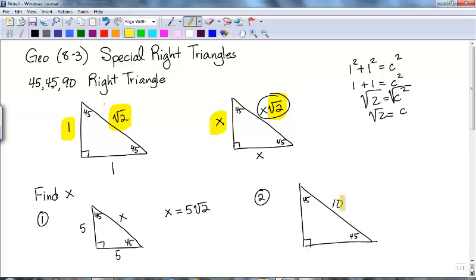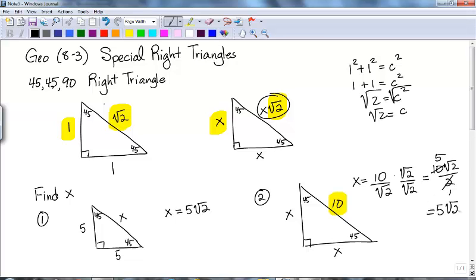So if I give you the hypotenuse, I've got to divide by the square root of 2. x is 10 divided by radical 2, but you can't leave a radical down in the denominator, so you have to rationalize. You multiply by radical 2 over radical 2. So you get 10 radical 2 over 2 and reduce it to 5 radical 2.